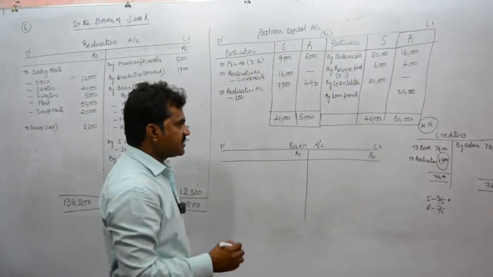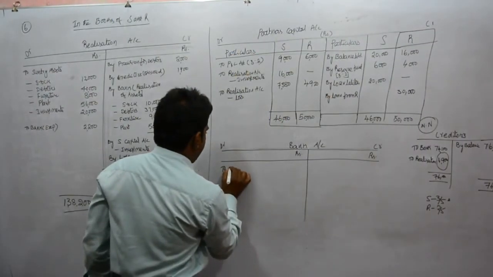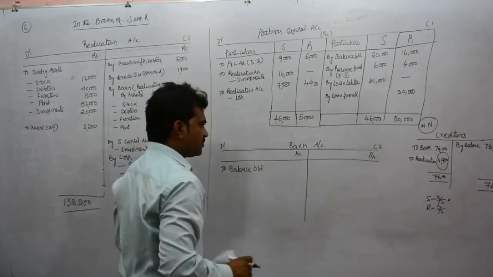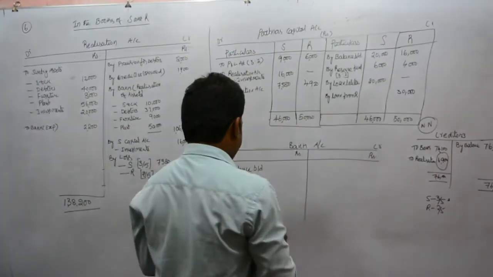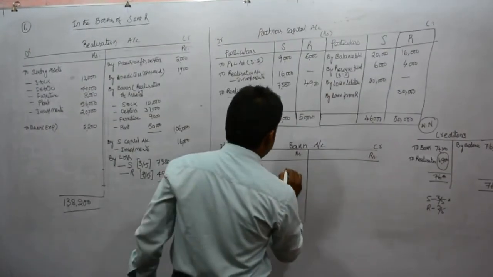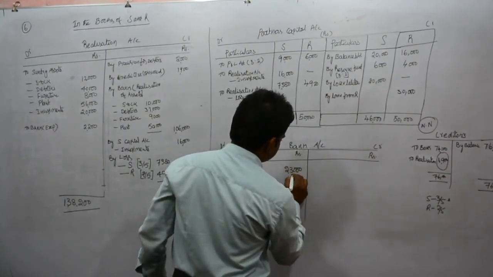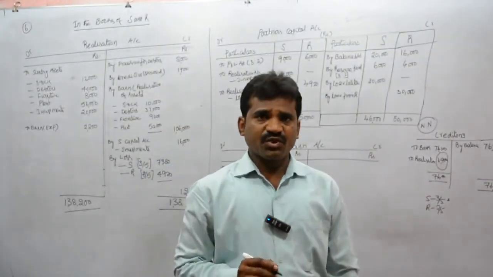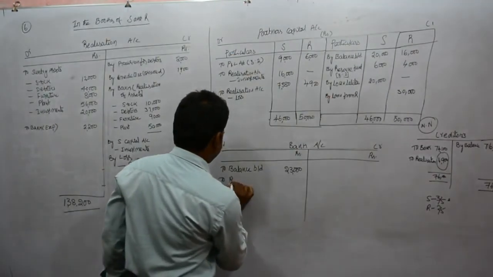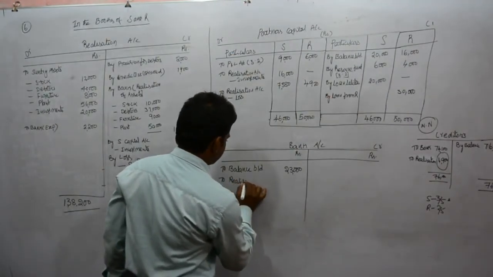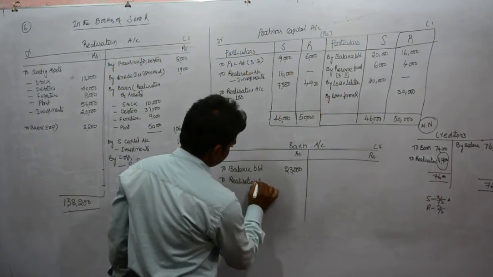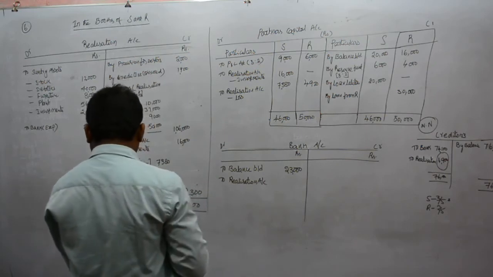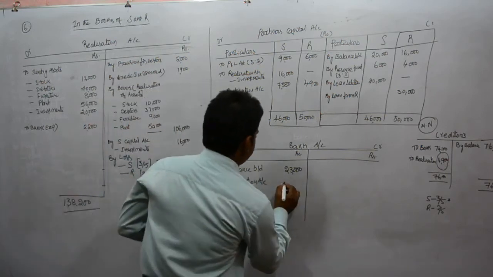So next pending account is bank account. To balance brought down. In bank account, what is the balance? Cash at bank is 23,000, and on realization of assets we got some amount, that is realization account. On realization of asset, the total amount is 1,36,000.